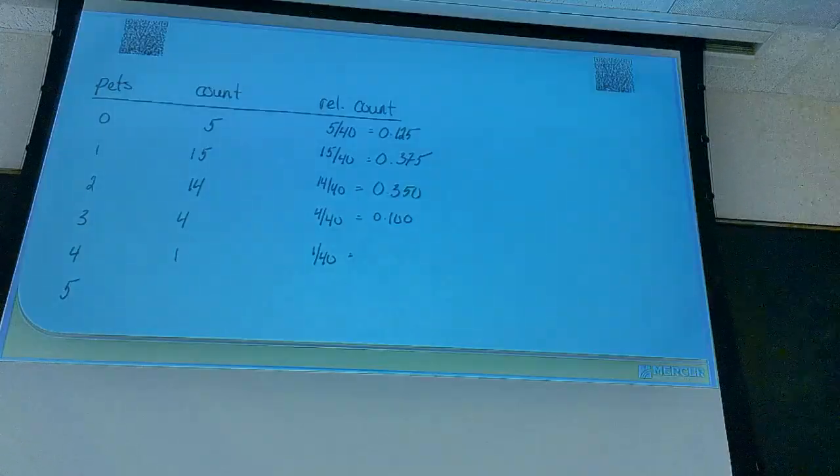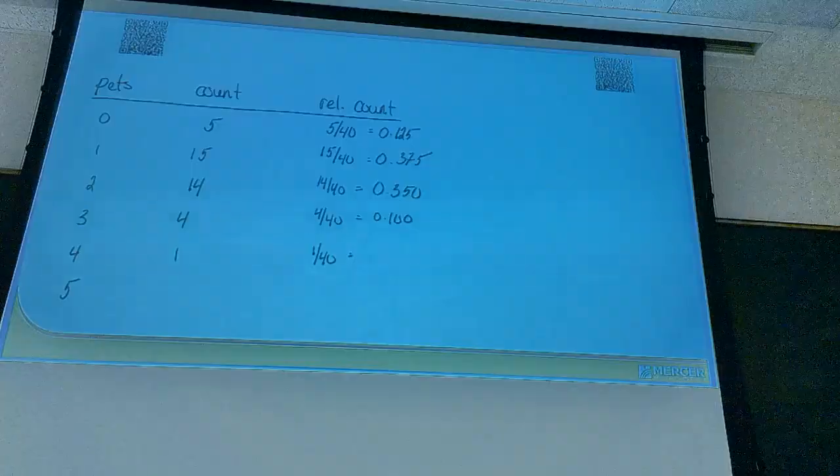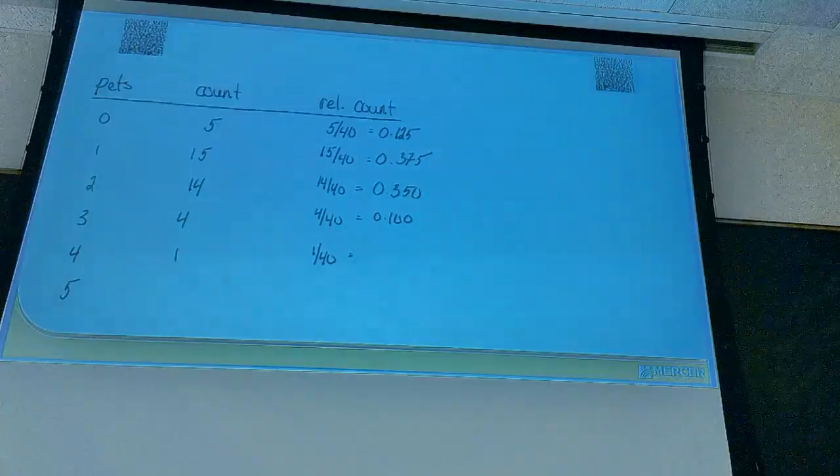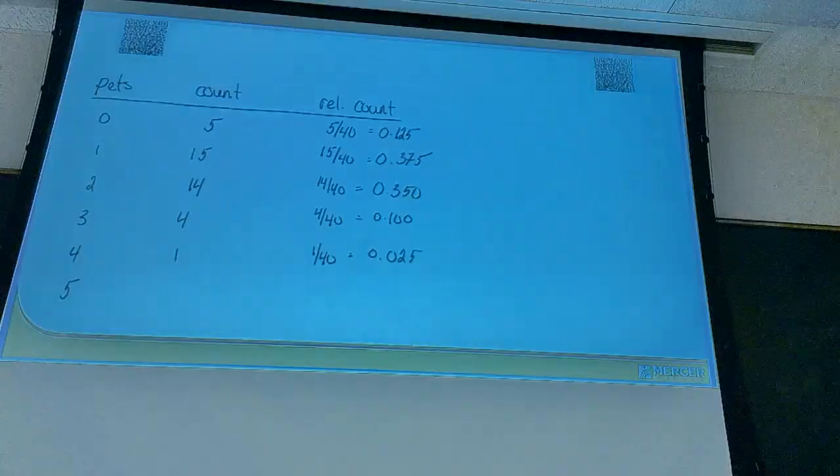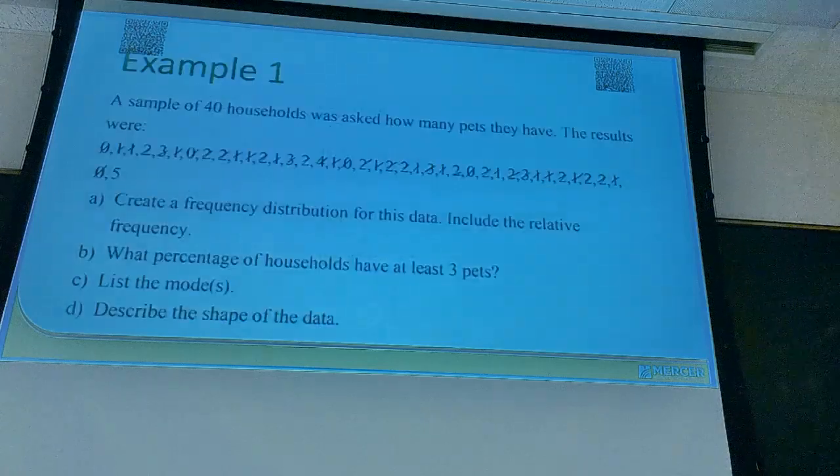This one is also relatively simple to do, 1/40. 1/20 is 0.05. 1/40 is half of that. Half of 5 is 2.5. So 0.025. And for 5, there was only 1.